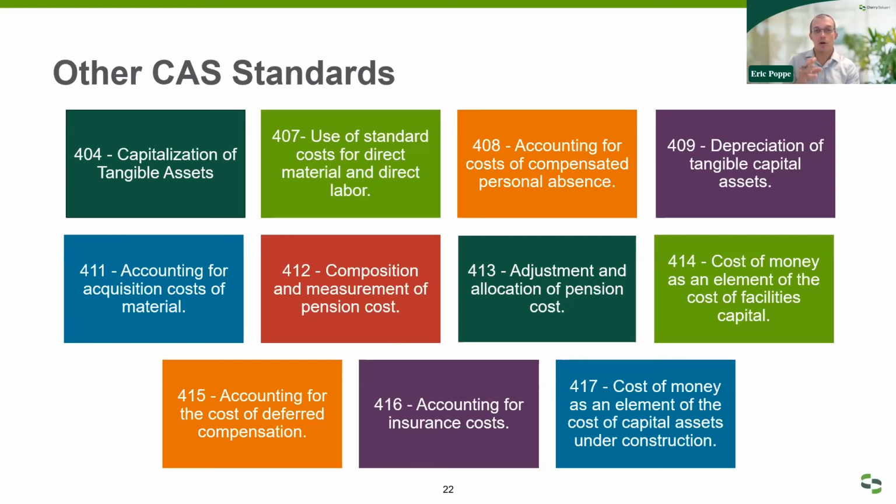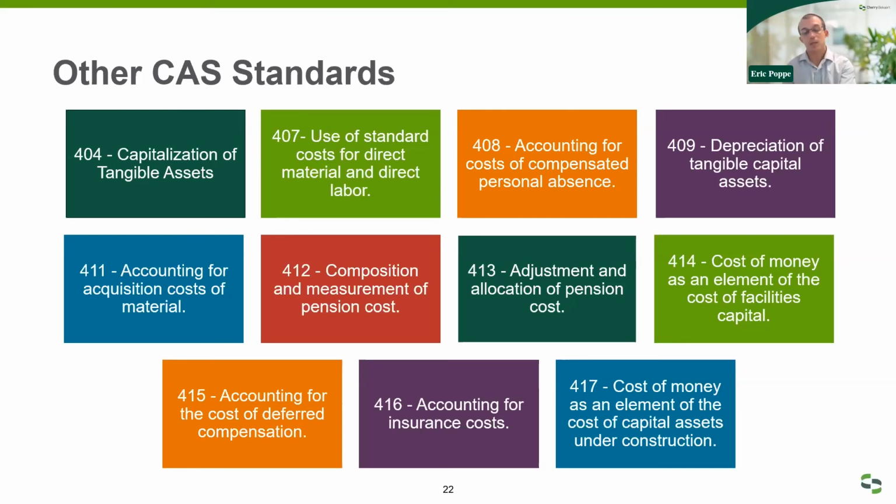We could really spend a webinar on each one of these topics. Not to say that these don't ever pop up as areas that we have to help contractors deal with or document, but for this webinar, we just wanted to talk high level about the ones that we typically see.